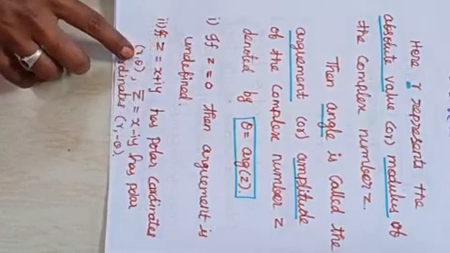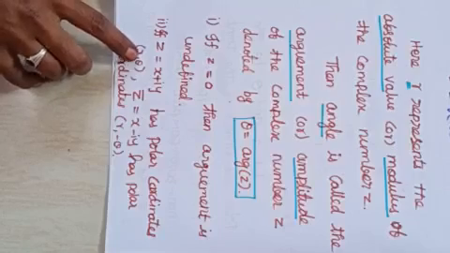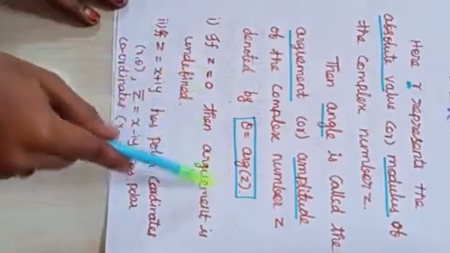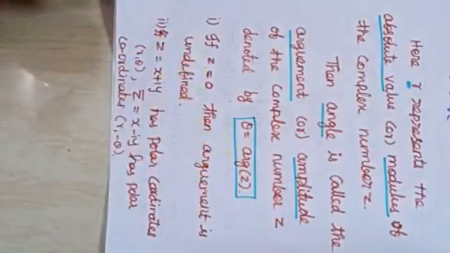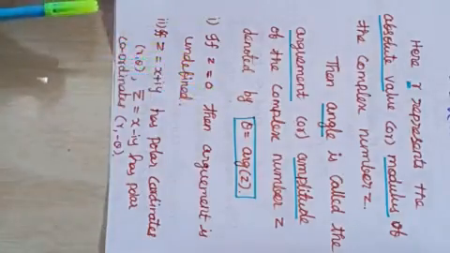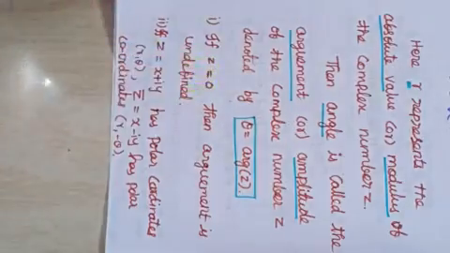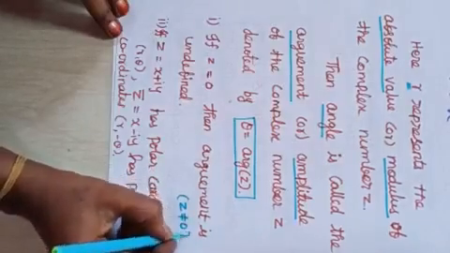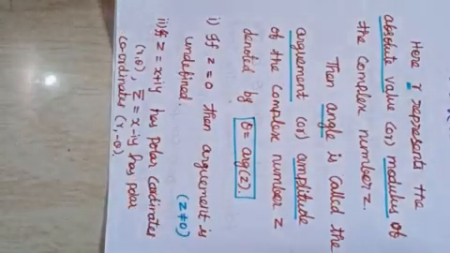Z means positive value, polar coordinates r comma theta. Here z equal to 0, theta is undefined, already told. Am I right? We find a value of theta when z value is not equal to 0.